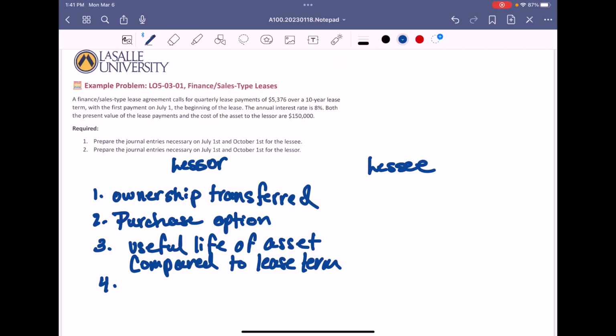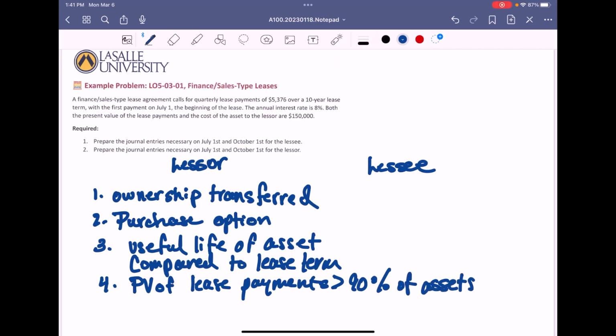The fourth criteria was, is the present value of the lease payments greater than 90% of the asset's fair value? All right, and so if you're paying more than 90% of the asset's fair value, effectively you have a sale.